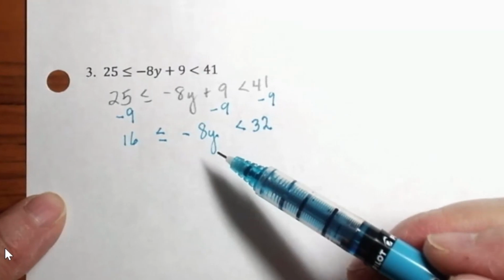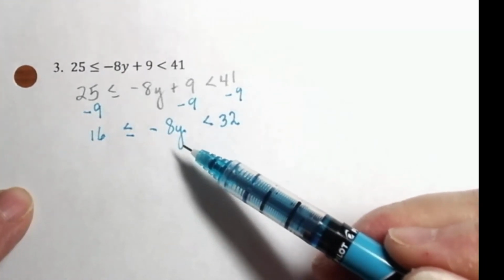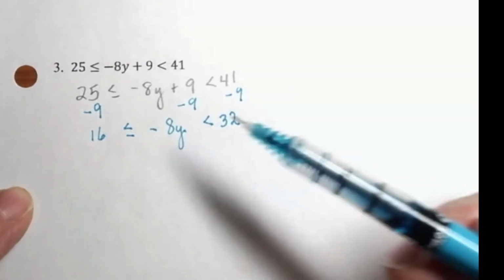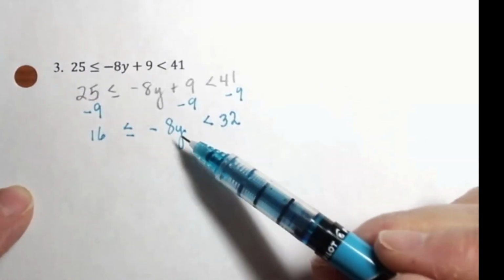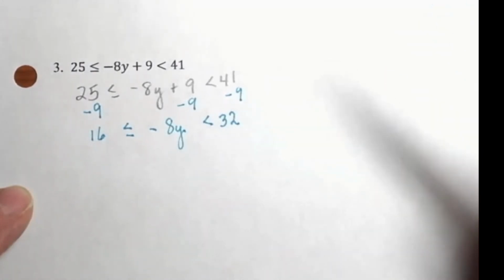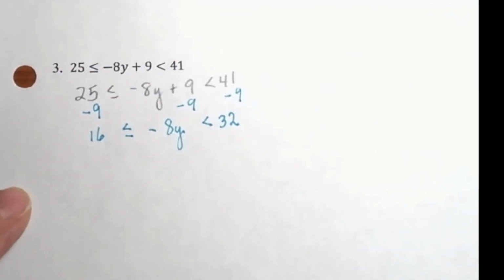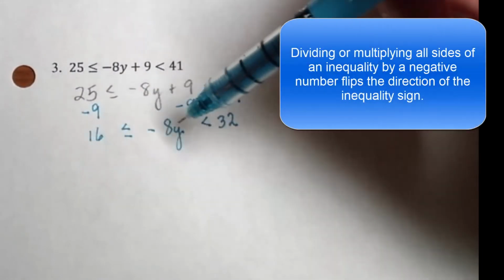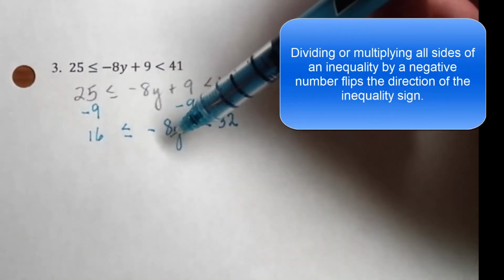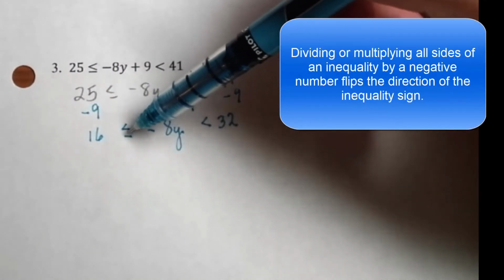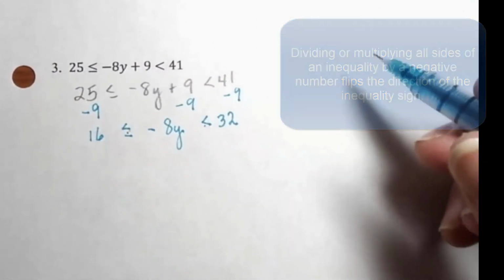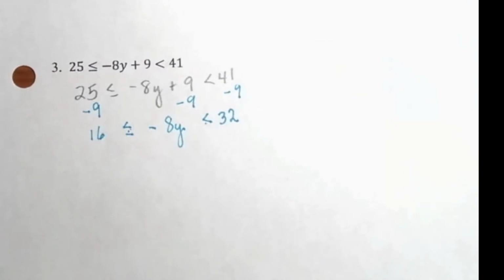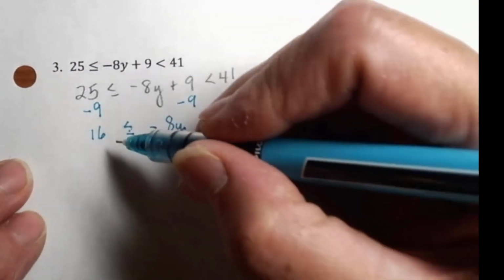Now, our goal is to get that y by itself. So this -8, we need to divide that out, don't we? And we're going to do that to all 3 of these numbers, right? But what is the one thing we always remember when we divide or multiply all the sides of an inequality by a negative? You have to flip the direction of the inequality symbol. So you're going to notice that in my next step, I'm going to do the division.